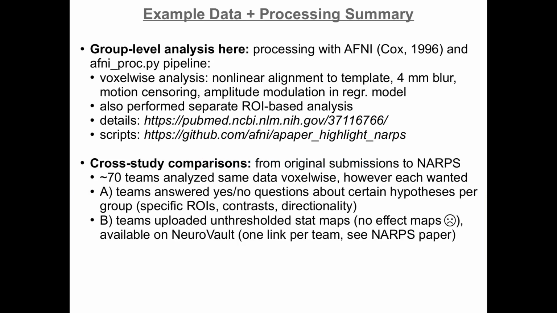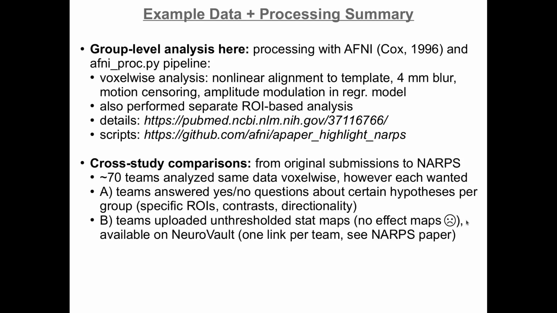For the cross-study comparison part, the original NARPS project, as I mentioned before, had 70 teams analyze the data and then answer some specific yes-no questions about hypotheses, and those were tabulated and compared for variability. The teams were also asked to upload only their unthresholded statistical maps.